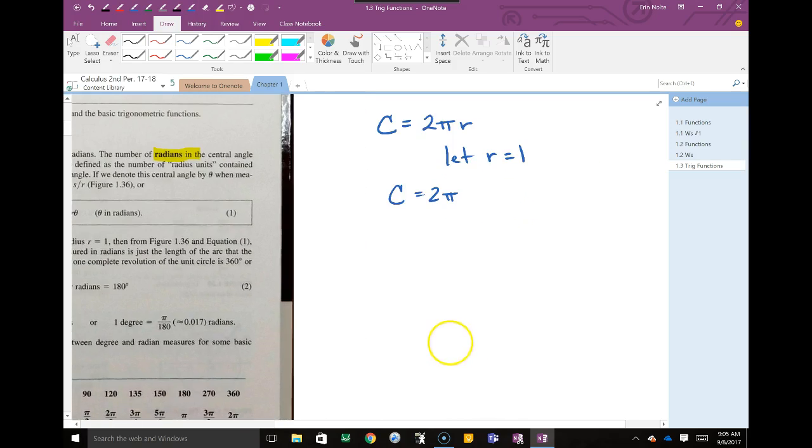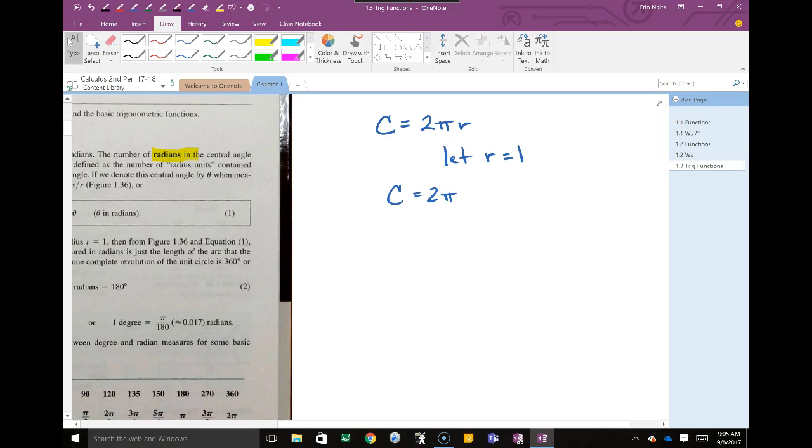So we use that idea to do our conversions. If I go all the way around a circle, how many degrees is that? 360. So we can say 360 degrees is equivalent to a complete circumference of 2 pi.